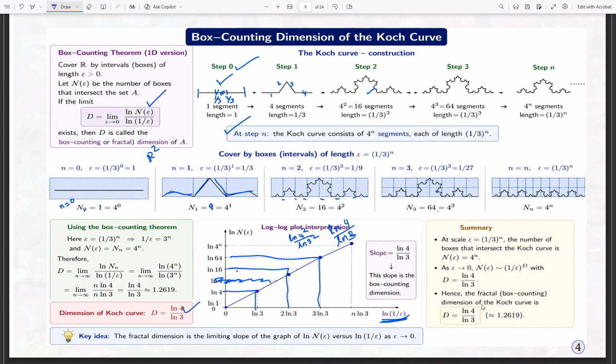One can observe that the box counting dimension of the Van Koch curve is ln 4 by ln 3, which is approximately equal to 1.2619.